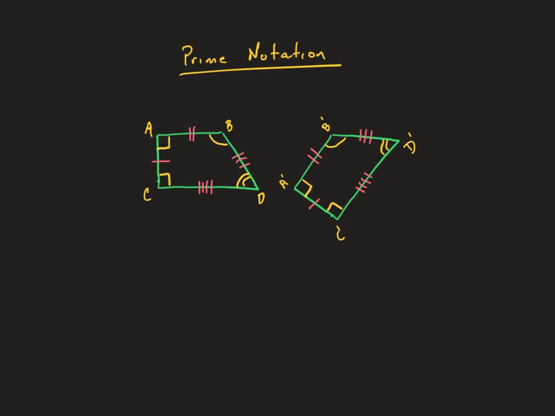And so that would be, for example, A, B, C, D, and then it maps to A prime, B prime, C prime, and D prime.